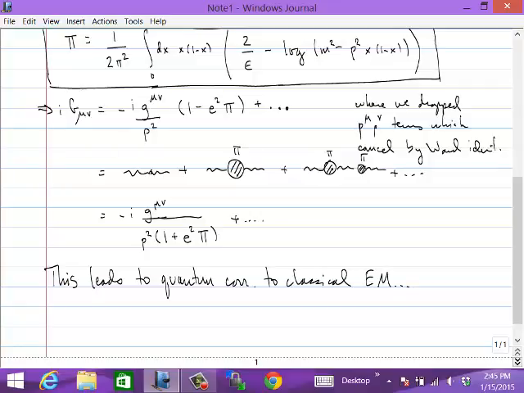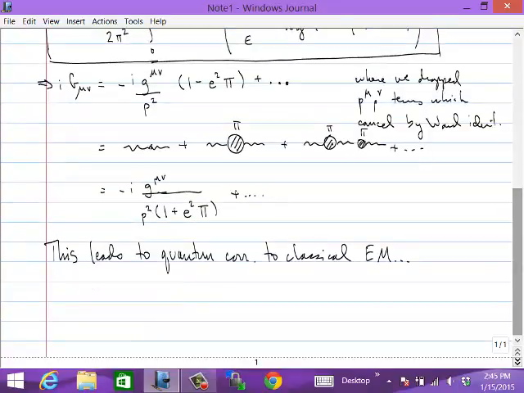To understand how we can take this answer and interpret it in terms of more familiar objects in classical electromagnetism, let's just consider a simple problem, which is the scattering of two electrons off of one another. That would be computed by some Feynman diagram that looks like this.